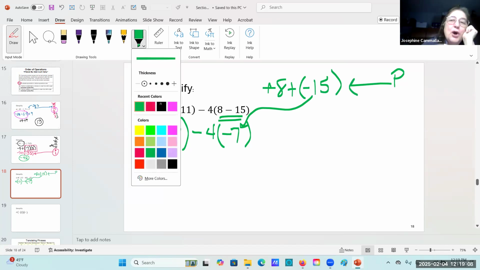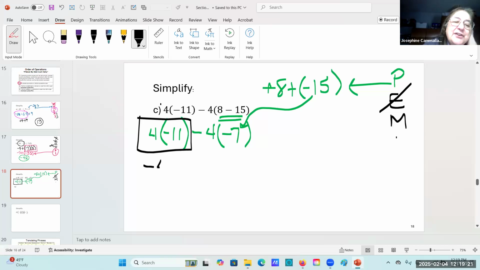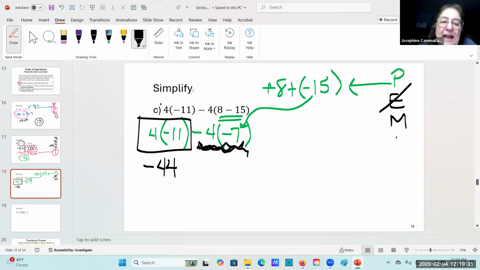Now, we don't have any exponents, but multiply is what comes next. These two go together. This is -44. Now, this is where you've got to be careful. These two are also multiply. You have two negative signs, one in front of the 4, one in front of the 7.